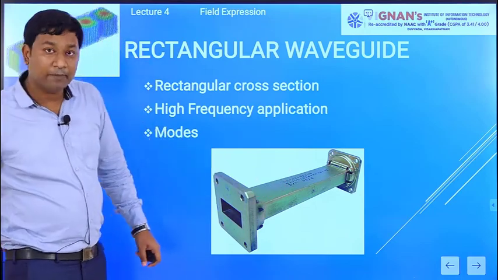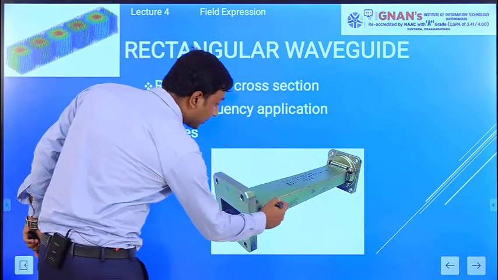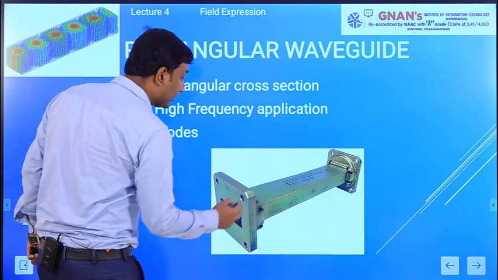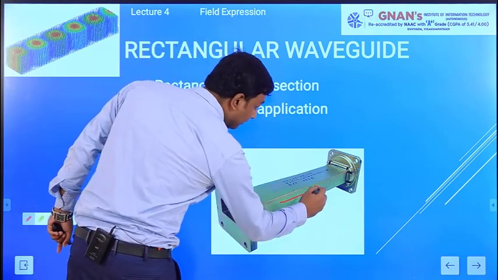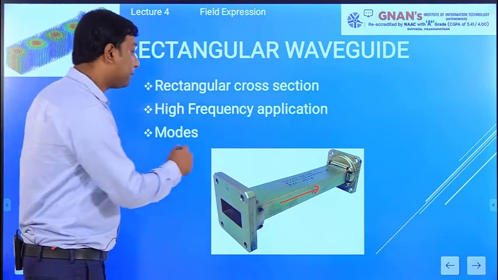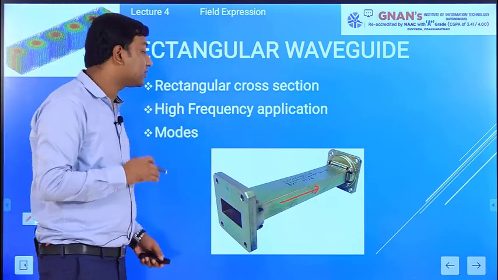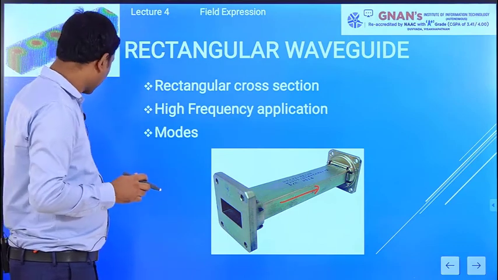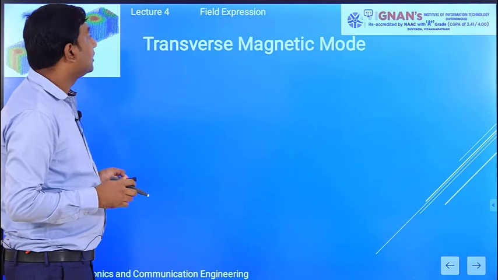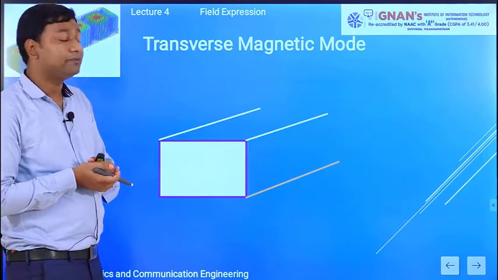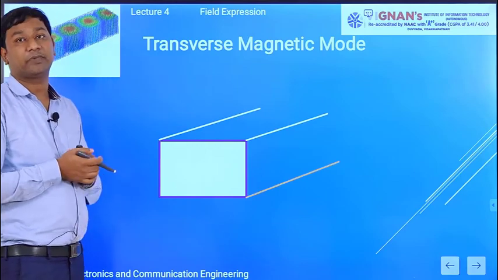If the wave is propagated in this direction, then the magnetic component will be zero in that particular direction. That is called transverse magnetic mode. Now we will derive the field expression of the transverse magnetic mode.